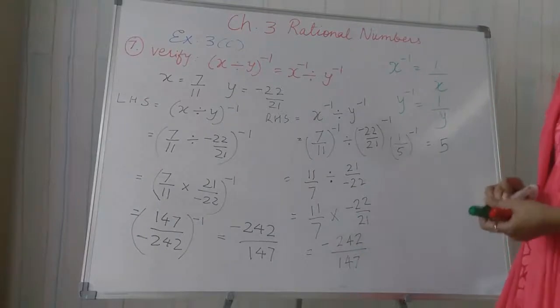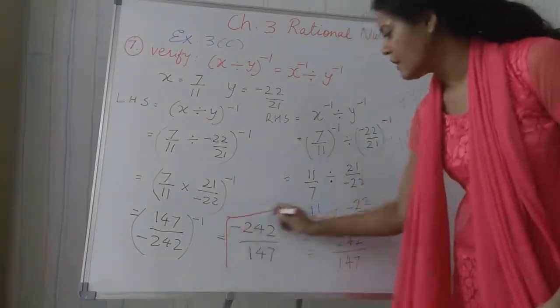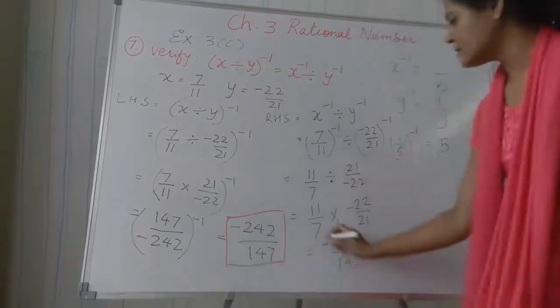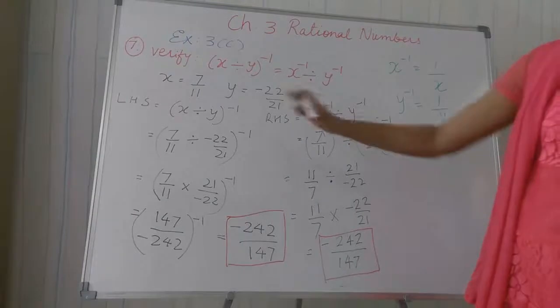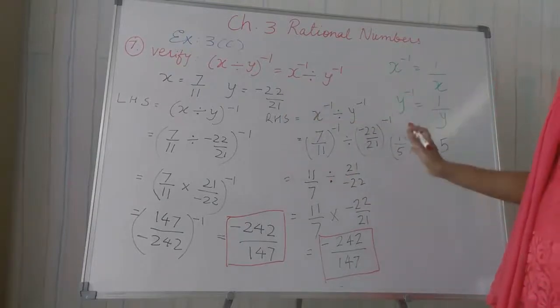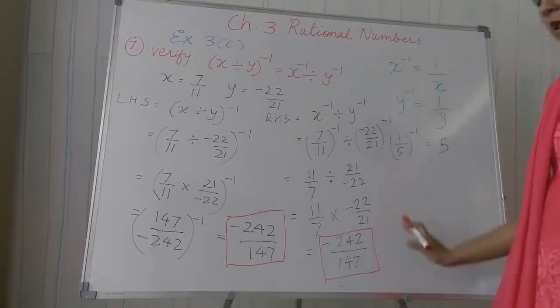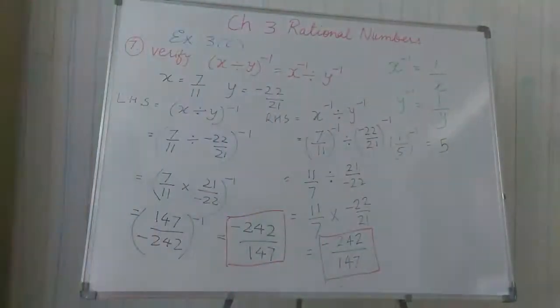So you can check, students, the answer we get on left hand side is the same as the answer we get on right hand side. It means we have verified our left hand side and right hand side, and so they are equal. It means our question number 7 answer is also completed.